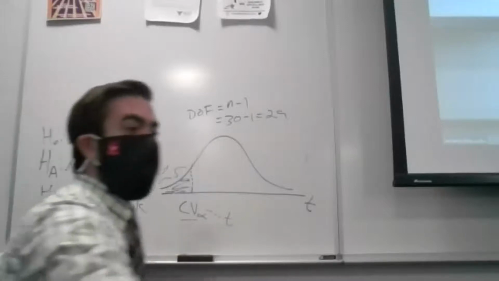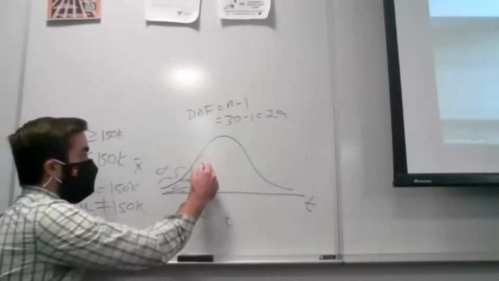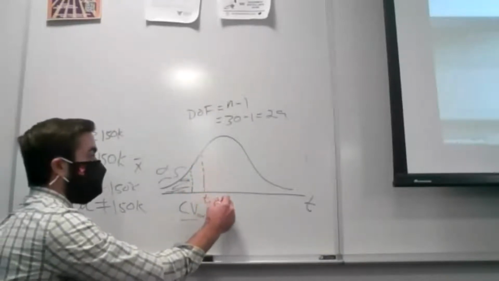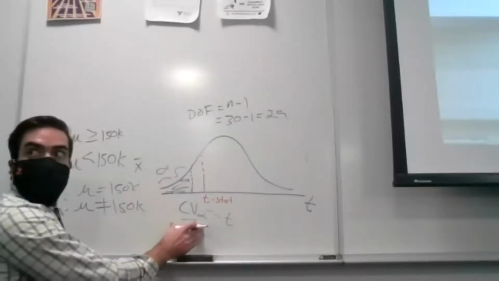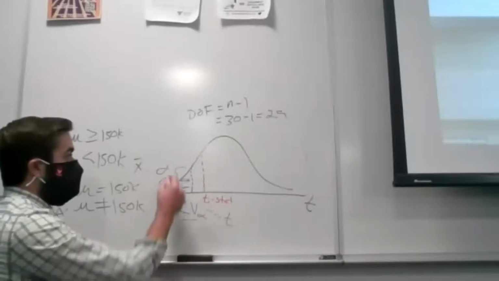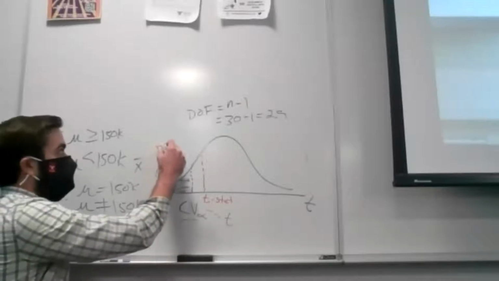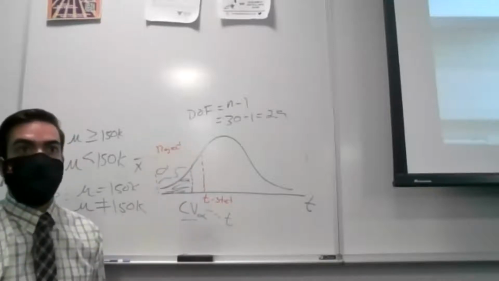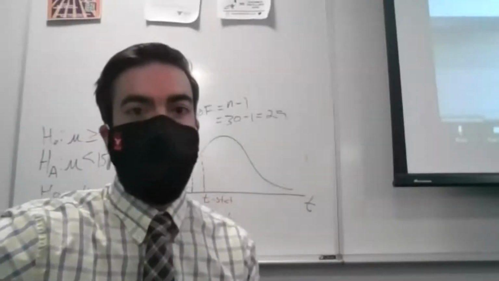Once we had that test statistic, where does our t-statistic in this case fall? If it's not more extreme than the critical value, it's not in that rejection region, and we would fail to reject. If it ends up being somewhere over in that rejection region, that's the case where we reject. So we could find those critical values.